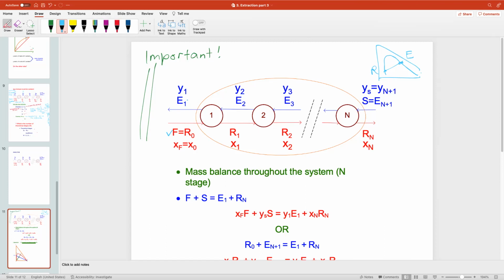If we have E1 or we have composition of Y1, do we know the correlation between the X1 and R1? Do we have this correlation? The extract leaving, the concentration of C in the extract and also the concentration of C in the raffinate. Do we have the correlation? That's the one that I'm asking.